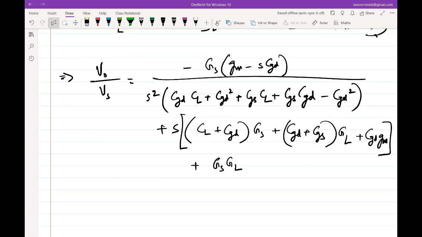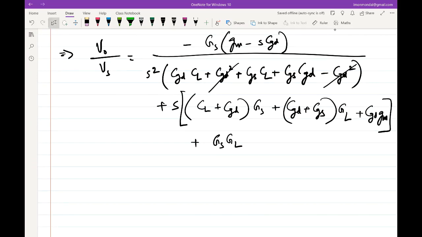So this cancels. So let's simplify it to whatever extent we can.